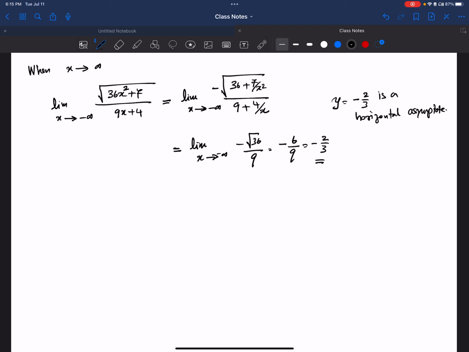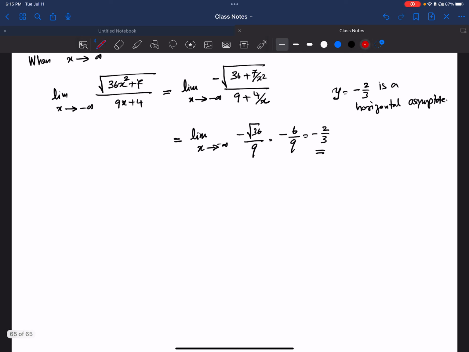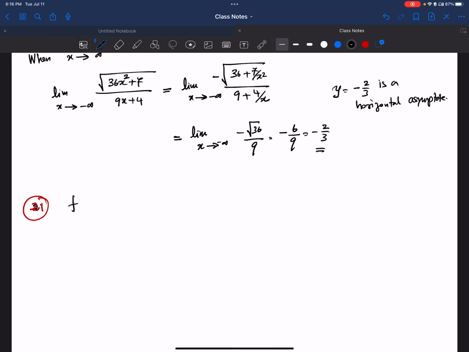Now the next one is number 21. You are given f of t equals e to the power t divided by 1 plus e to the power negative t.